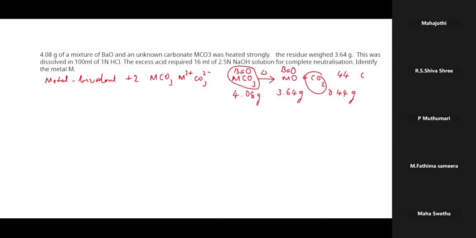It is 0.44 divided by molecular weight, which gives 0.01 mole of carbon dioxide that has come out. So 0.01 mole of carbon dioxide has come out means automatically this infers that metal carbonate taken is also 0.01 mole. So the first idea is complete now.